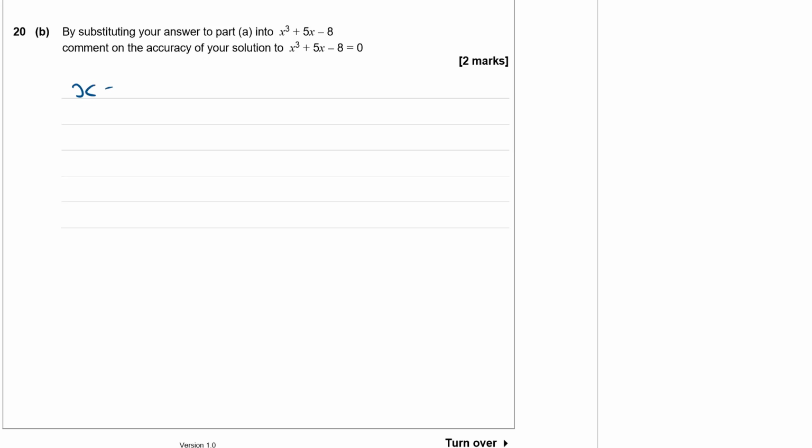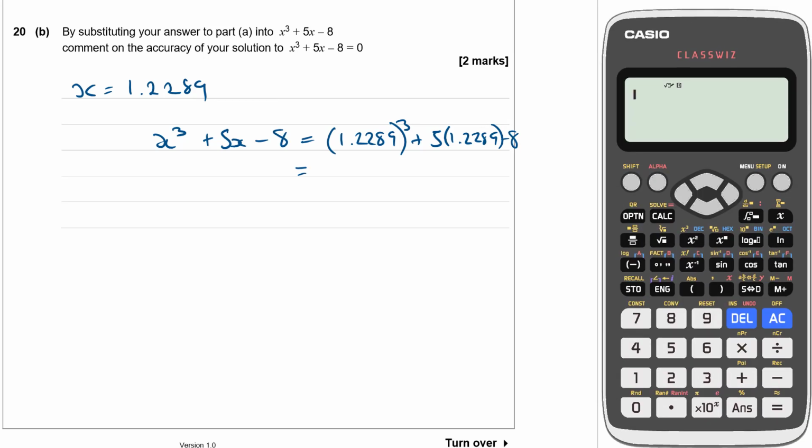So if x equals 1.2289, then x cubed plus 5x minus 8 is going to be 1.2289 cubed plus 5 lots of 1.2289 minus 8. Let's type that into the calculator.